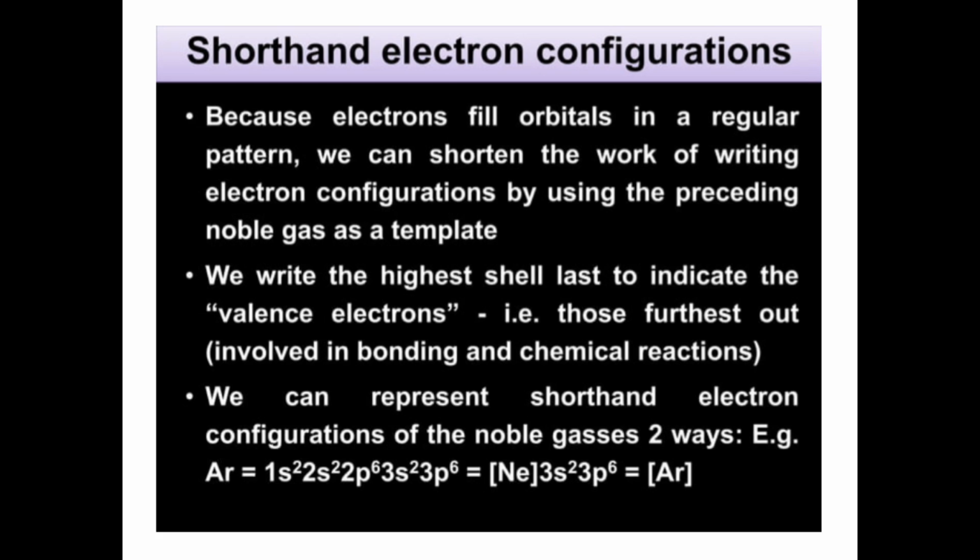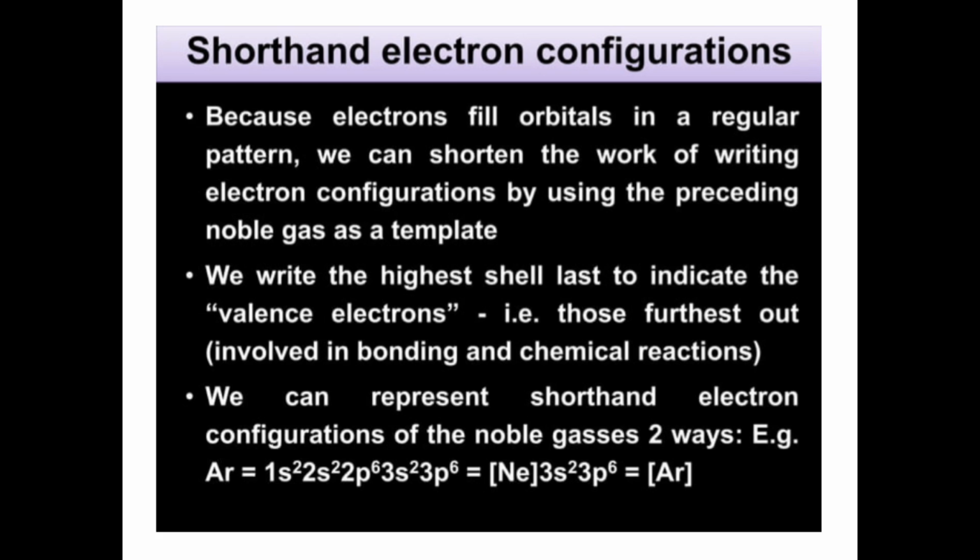For instance, if it's between element 1 to 10 or thereabout, or even element 1 to 20, you can use neon. Then if you are writing 21 and above, you can use argon.